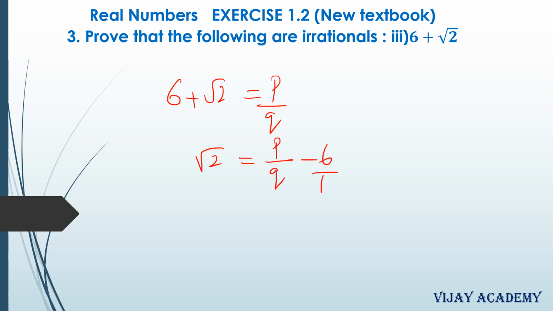Take the LCM of q and 1, so we get the common denominator q, and the numerator p minus 6q, that is equal to root 2. Here again follow the same rules: write root 2 is irrational, but p minus 6q by q is rational, and therefore you can write which contradicts the assumption. Therefore 6 plus root 2 is an irrational number.